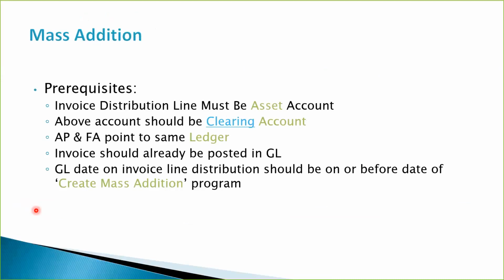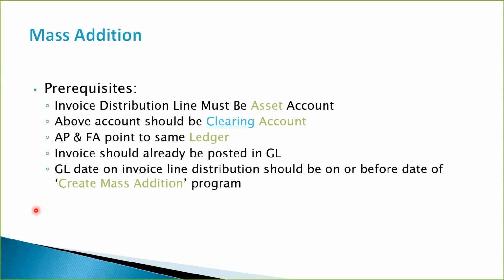When you're entering the invoice for that asset, because you're going to get an invoice from the vendor who has sold you the asset, you enter an invoice, and in that invoice you will enter some information about that asset.